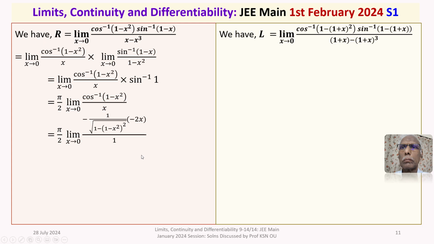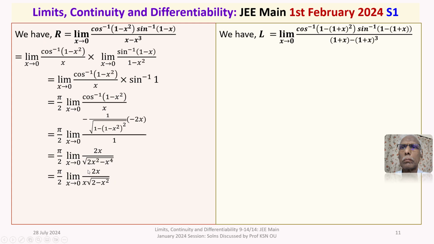Right. Simplify. Pi by 2 into limit x tends to 0 of 2x by under the square root of 2x square minus x to the power of 4. Please simplify. Right. And this is pi by 2 into limit x tends to 0 of 2x by, in the denominator we have taken x common, so x times under the square root of 2 minus x square.